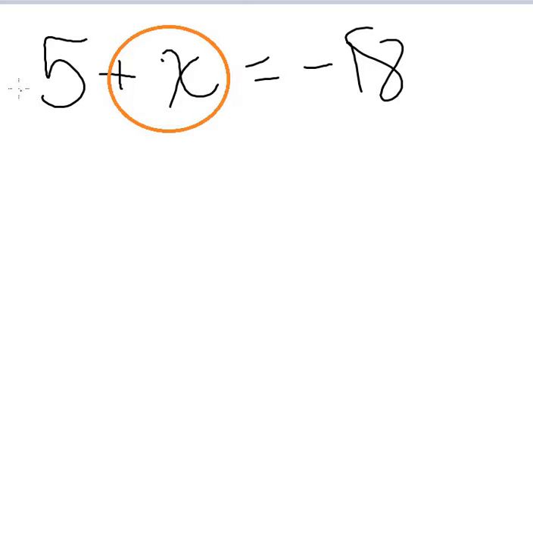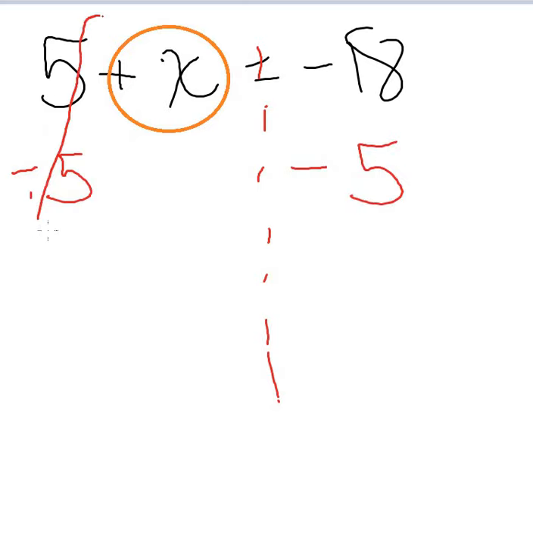And I say, what is the additive inverse of positive 5? Well, it's negative 5. And whatever I do on this side, and usually I have students draw a dotted line through the equal sign, I have to do on the other side. So whatever happens here will have to happen here. So 5 and negative 5 cancel. I bring down my x.